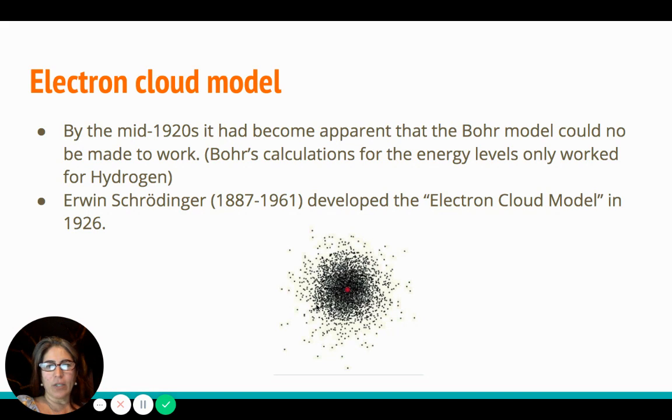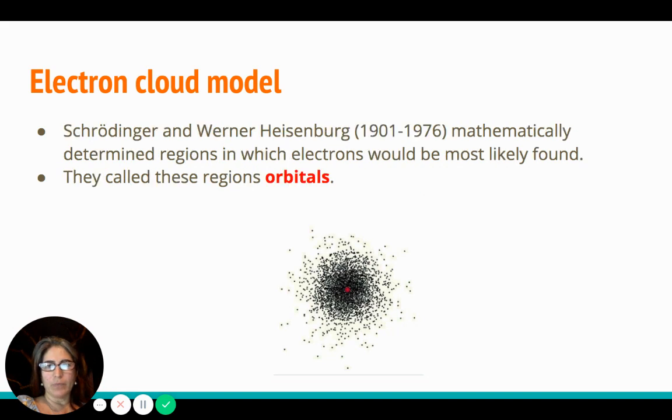That's what he called the electron cloud model. Later, another scientist, Heisenberg, determined mathematically the region in which these electrons will most likely be found, and they call these regions orbitals.